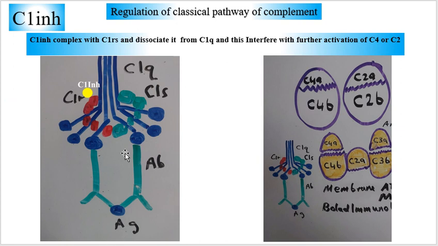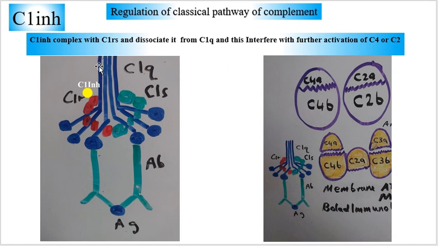Similarly, C1 inhibitory factor, when the immune response is done, as can be seen here, this is an immune complex. It is composed of C1, and this immune complex binds to C1 and its associated proteases, C1r and C1s, and these actually activate C4 and C2.